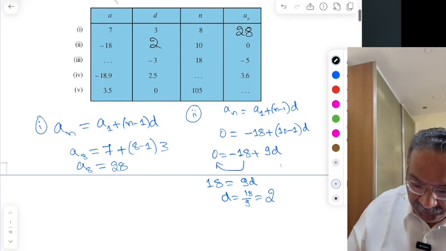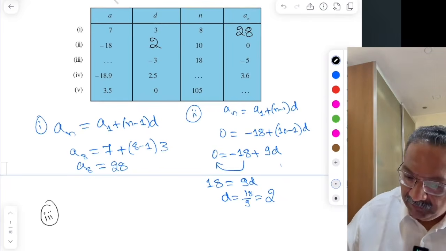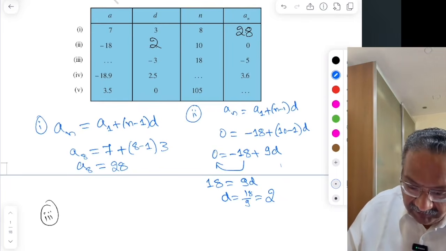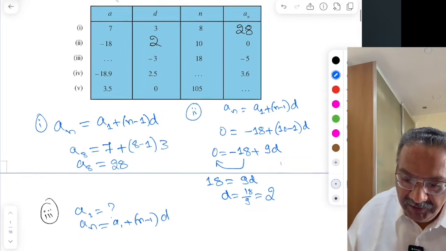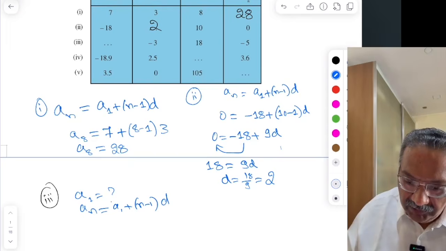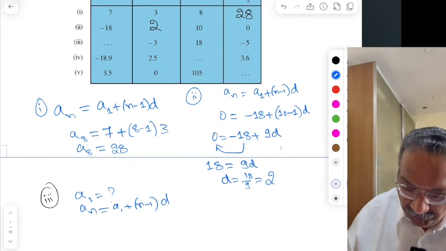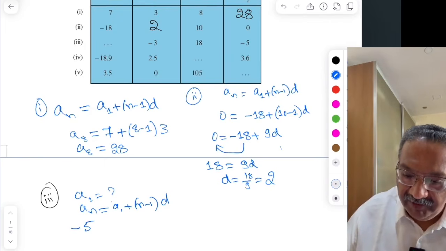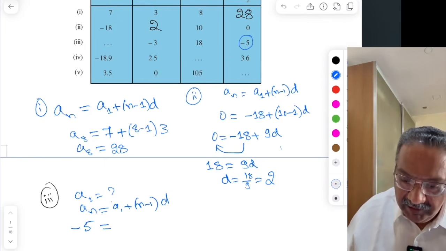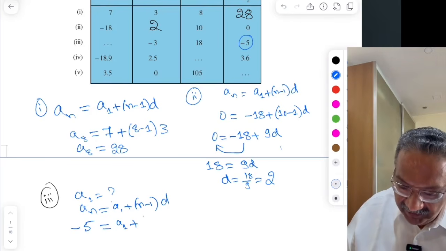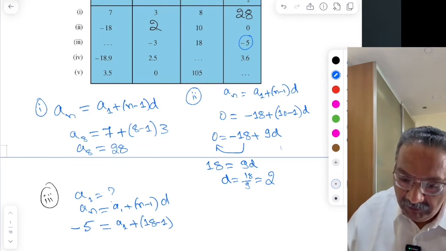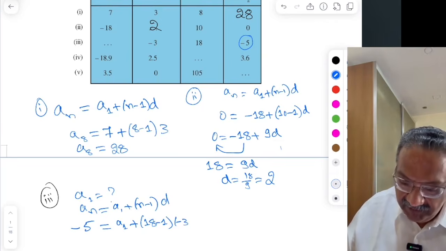Next, let's come to the third sub question. Here they have not given A1. A1 is question mark. The formula is AN is equal to A1 plus (n minus 1) D. So A1 is not known. AN is given to be minus 5, correct? And A1 is not known, plus n is given to be 18, 18 minus 1, and common difference D is minus 3.